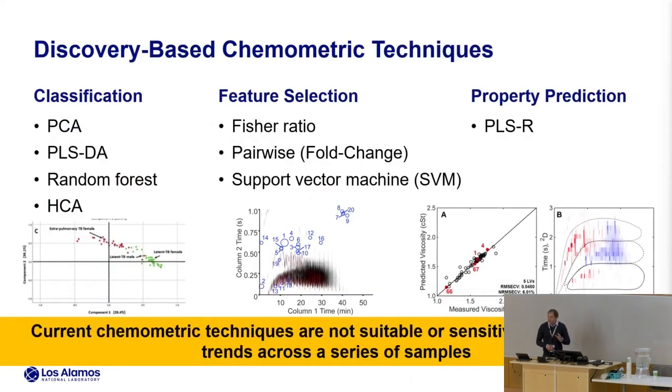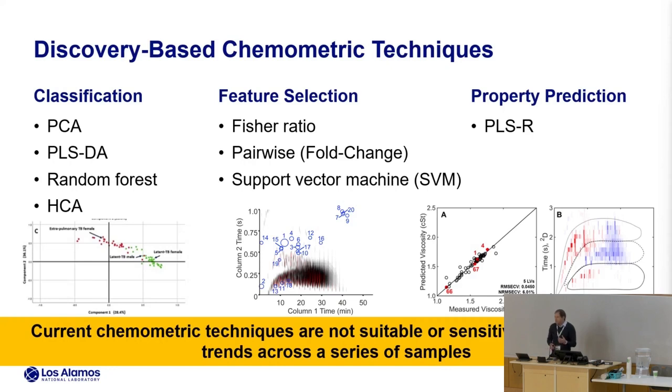There are a lot of different chemometric techniques out there, and I'm only going to hit some of the high points here. There are thousands of papers on chromatography and chemometrics, but we can break them down into 3 classes. First, classification: we want to know how this one sample is different from this other sample.